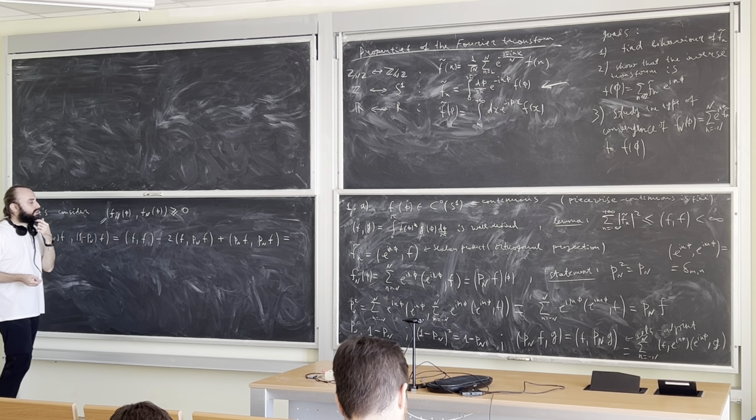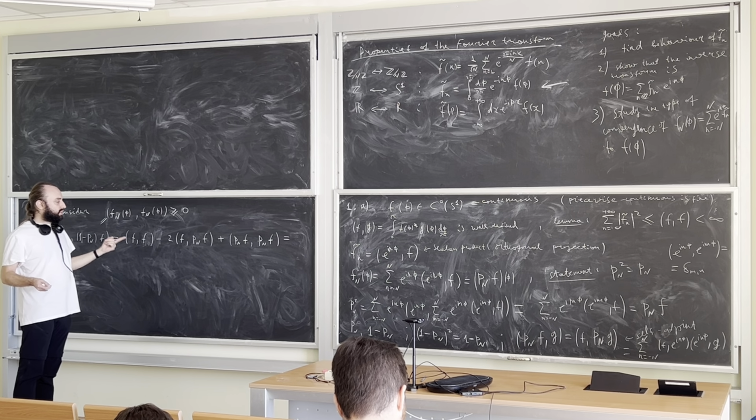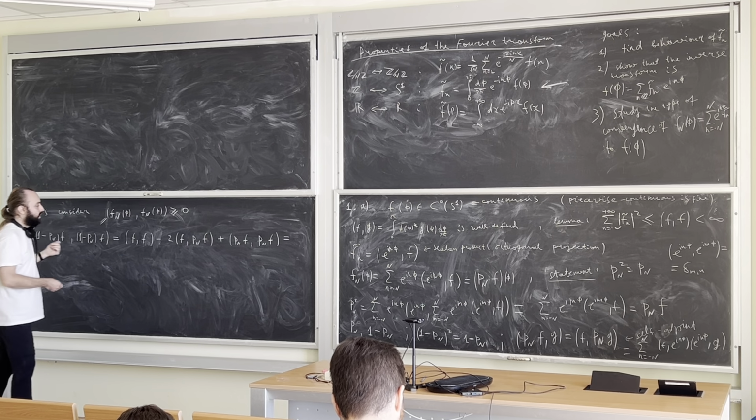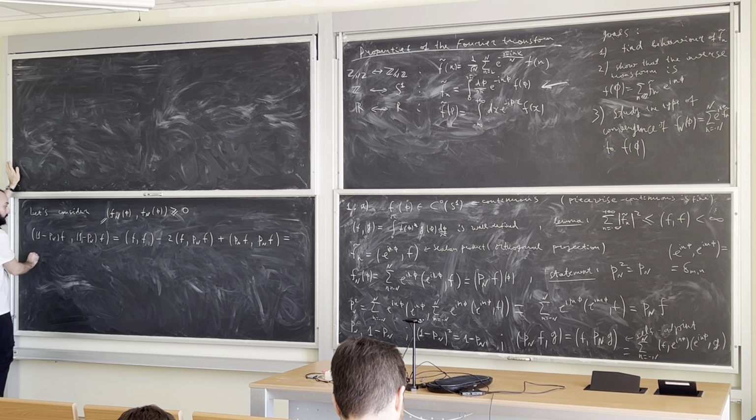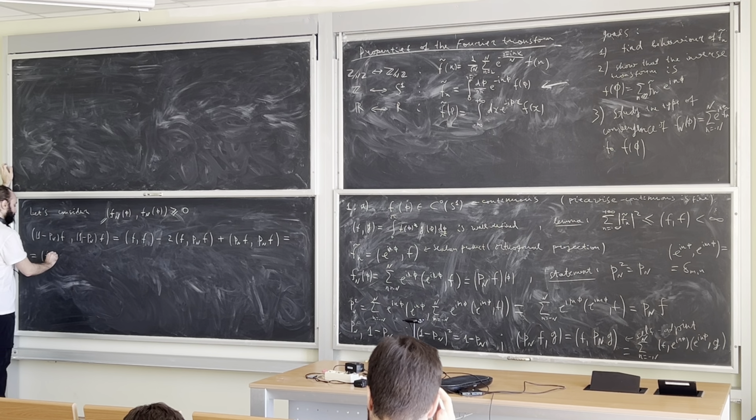Yeah, and as long as we have these properties, we can transform this equation to the scalar product of f with f minus the scalar product of P_n f with P_n f.